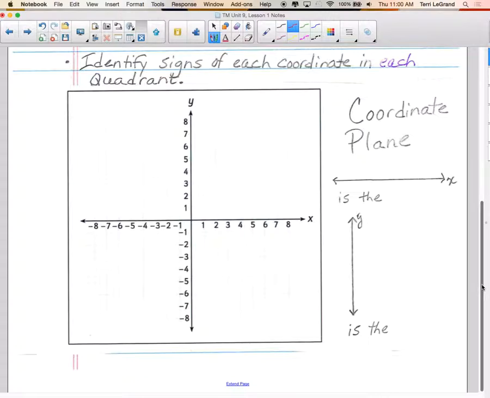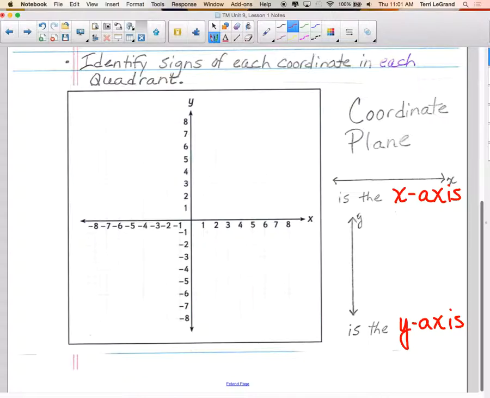What's the horizontal one with a little X at the end called? X-axis. What's the vertical one with that little Y at the top called? That's called the Y-axis. Okay, so we gotta make sure we understand those parts of it.